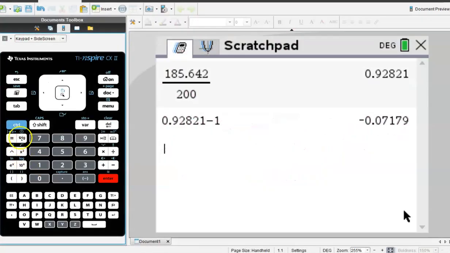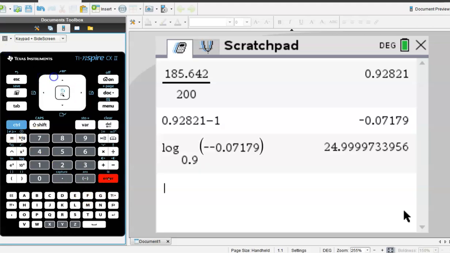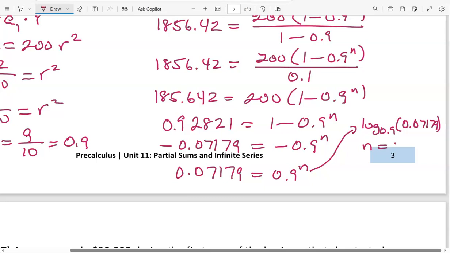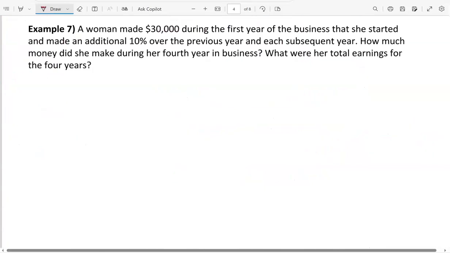So log base 0.9 of, and that will be the opposite of that answer that we have previously on the calculator, so I don't have to retype it. And that gives us 24.999. Remember, this was an approximate sum, so we have an approximate solution of 25, which is the number of terms in the series. We have a couple of word problems to apply here.